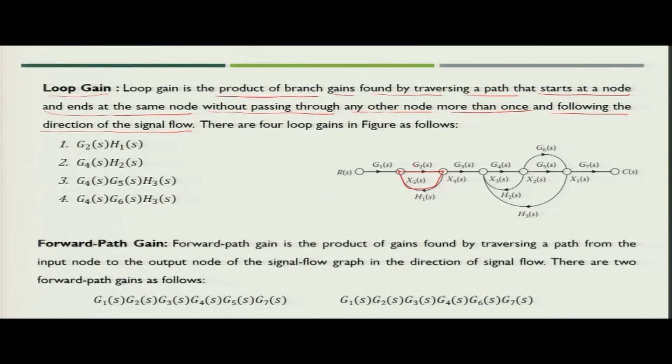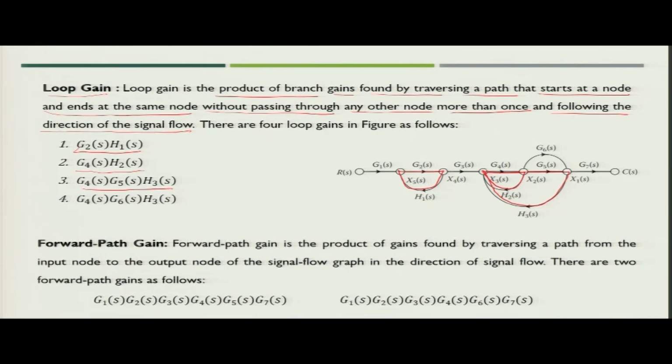So, the loop gain of this loop will be G2(s) into H1(s). Similarly, we can find other loops also. One such loop is this one. So, this will become G4(s) into H2(s). Another loop can be this one. So, this will become G4(s) into G5(s) into H3(s).